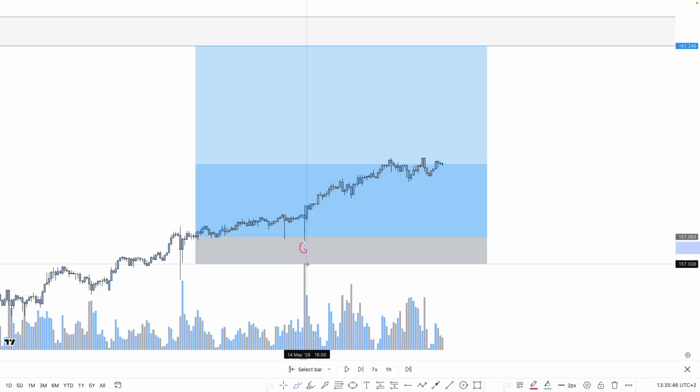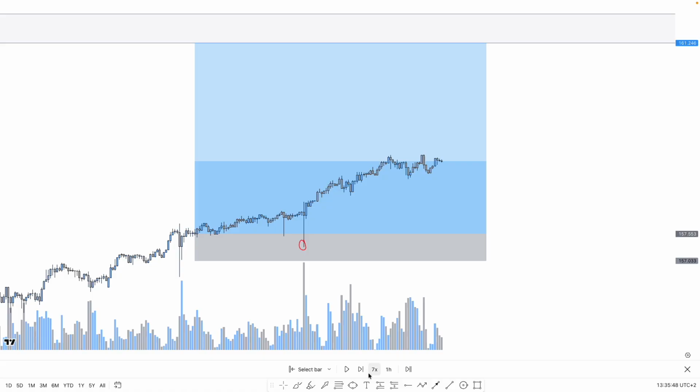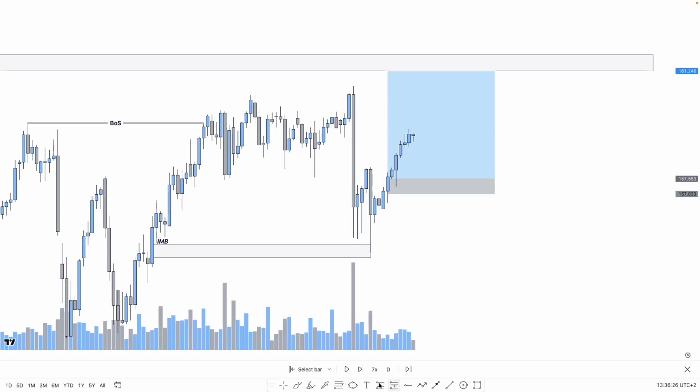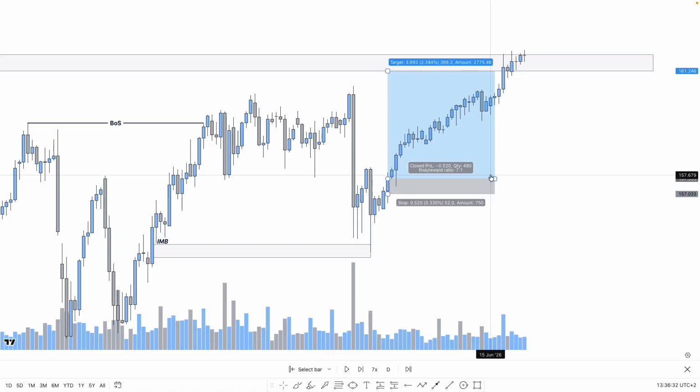Look at the volume here, high volume at lower prices, followed by higher prices. So after this dip down, we see the high volume followed by a push higher, which is clearly telling us that the banks are actually buying at these lower prices. So jumping back to the daily chart and letting price play out, we can clearly see we get a nice clean run to our targets.